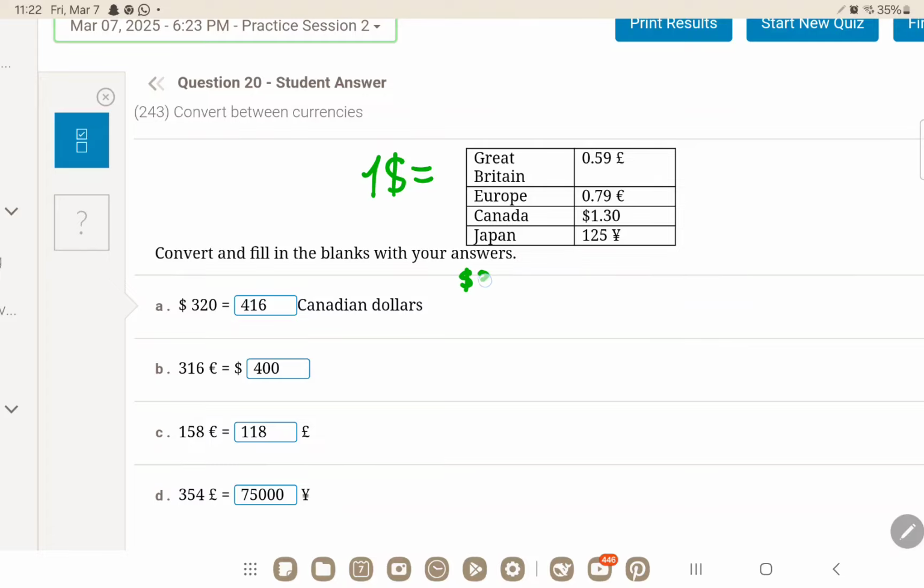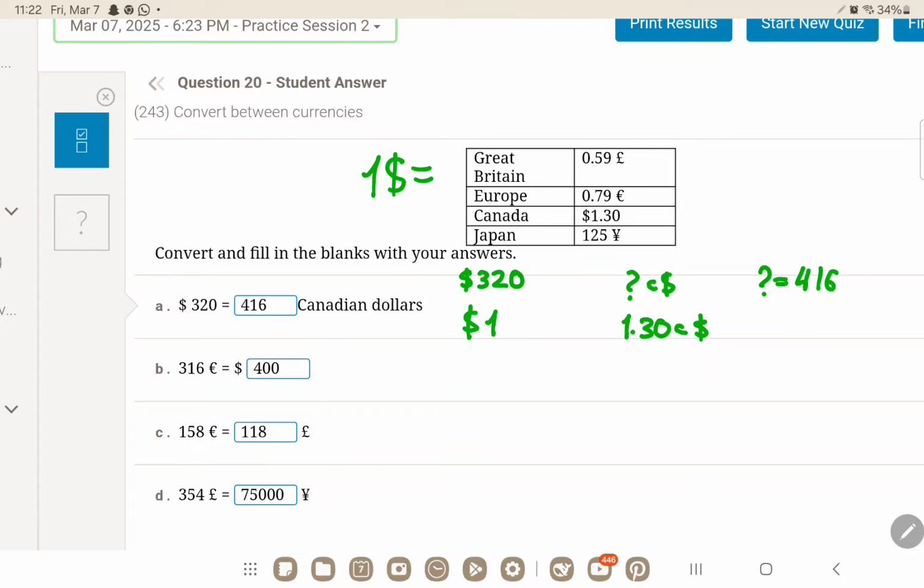So in Canada, the exchange rate for $1, I'll write it, equal to 1.30 Canadian. So what we're gonna do is just cross multiply now. 1.30 times 320 is 416. Now that's it for this one.